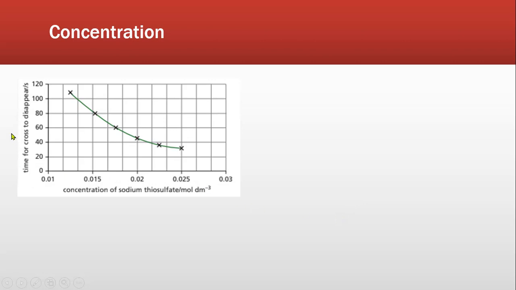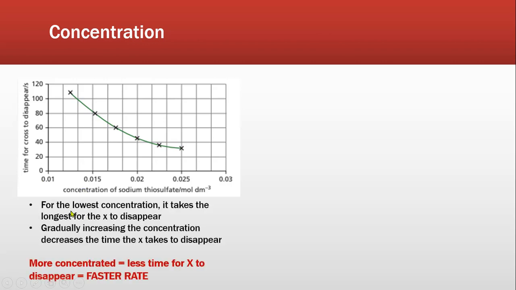So this is one of the graphs we will plot based on our results, time versus concentration. For the lowest concentration, it takes the longest for the X to disappear. So if you look here, the lowest concentration was the first one we used, 0.0125, and it took approximately 110 seconds.